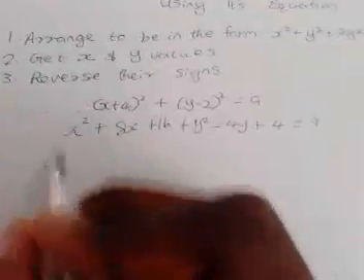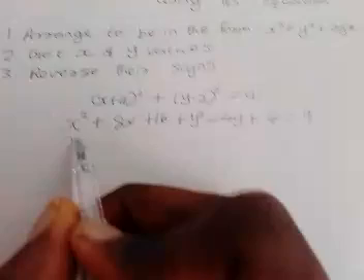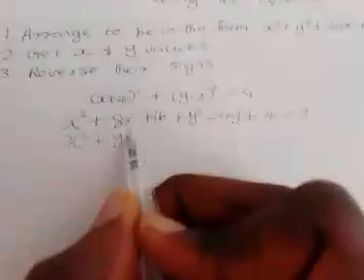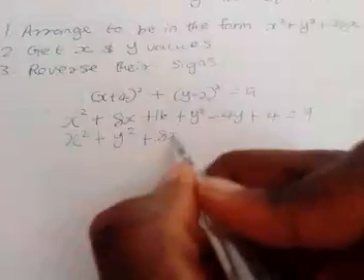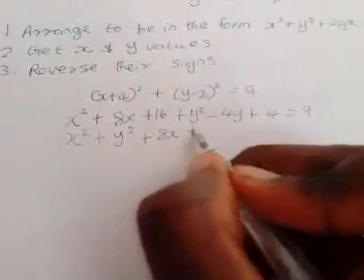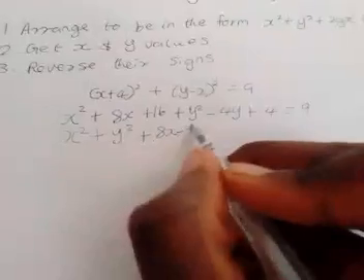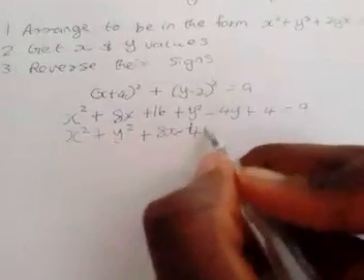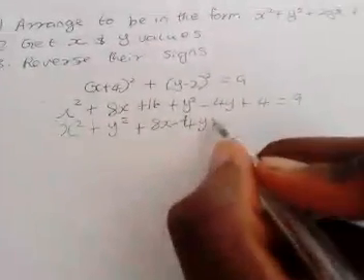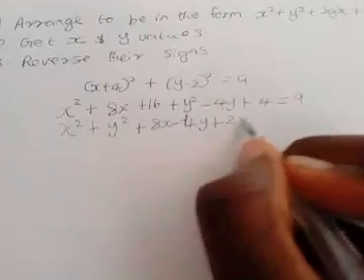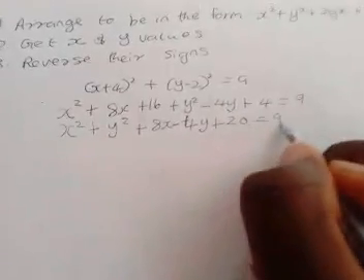Okay, collecting like terms, x squared plus y squared plus 8x minus 4y, and 16 plus 4 is plus 20 equals 9.